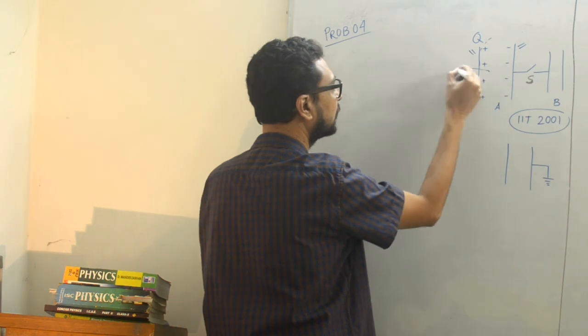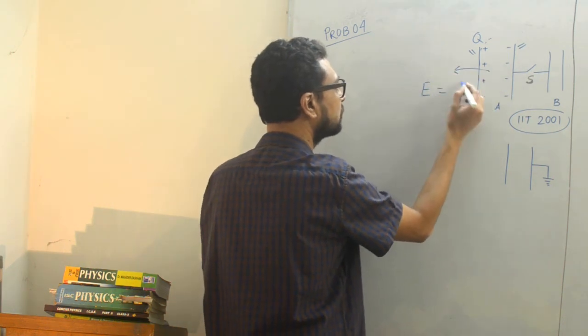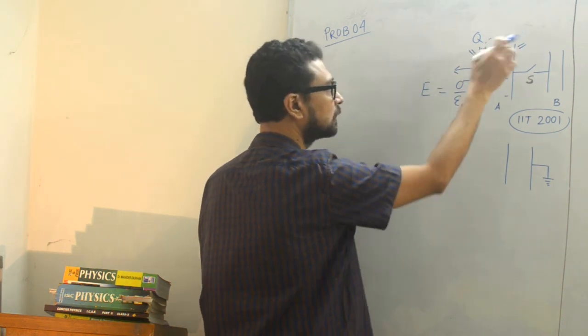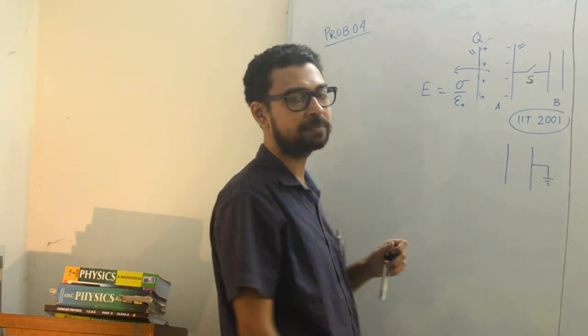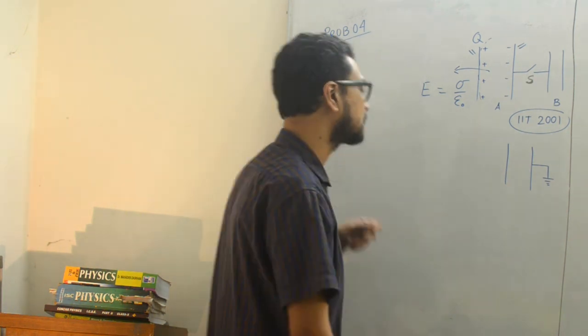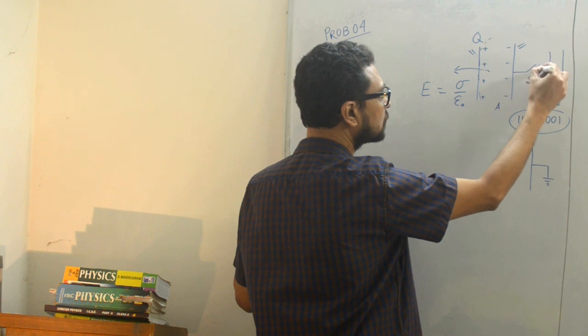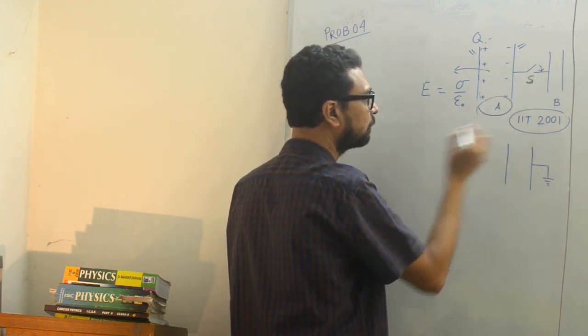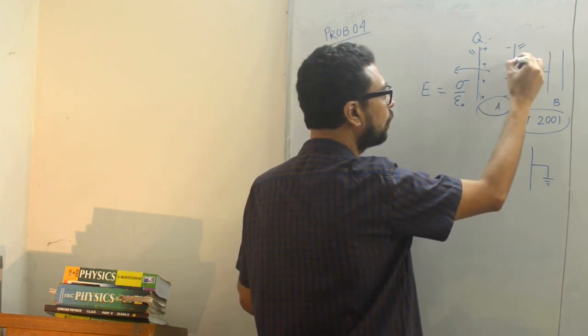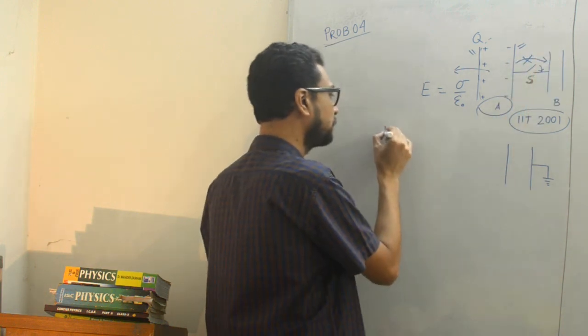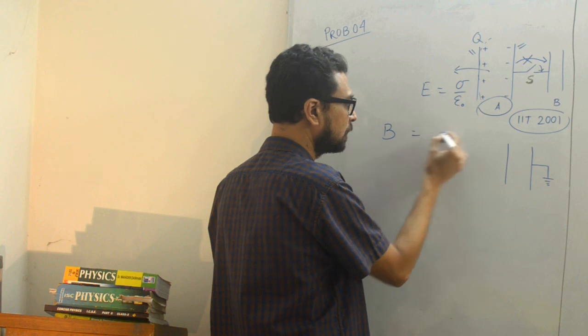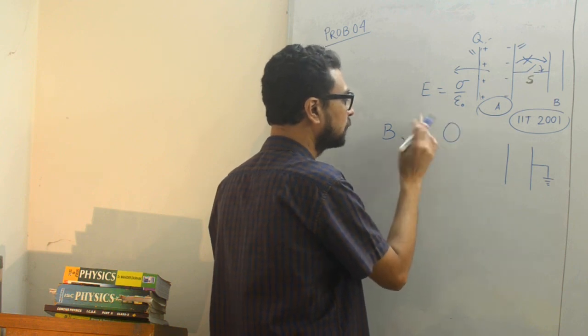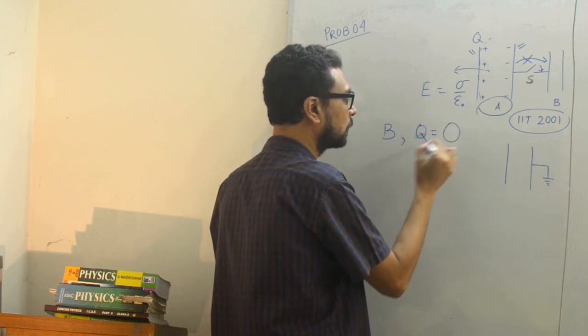The electric field here is sigma by epsilon naught if we consider the surface charge density for these plates to be sigma. Great. So even if I close this switch, since they are strongly bound, there will be no flow of charge. So B will have a charge equal to 0.